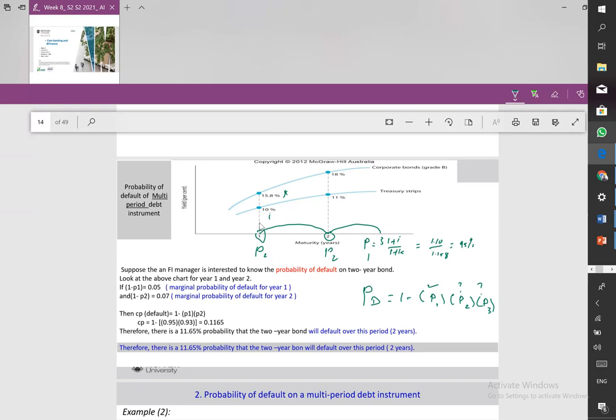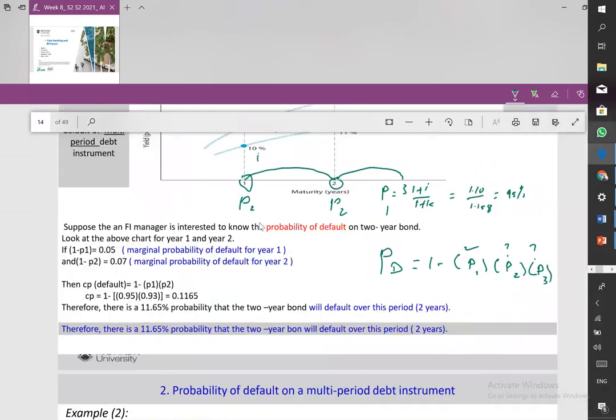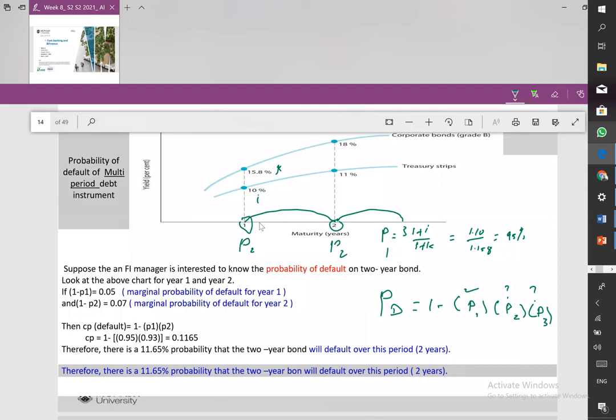Now, to refresh your memory, let's go now to year 1, for example. If I know this and this, the probability of defaulting for year 1 is 5%, which is the difference between 100% and 95%. And I can get the B1, and the defaulting of year 1 is actually 1 minus B1, and this is 5%.